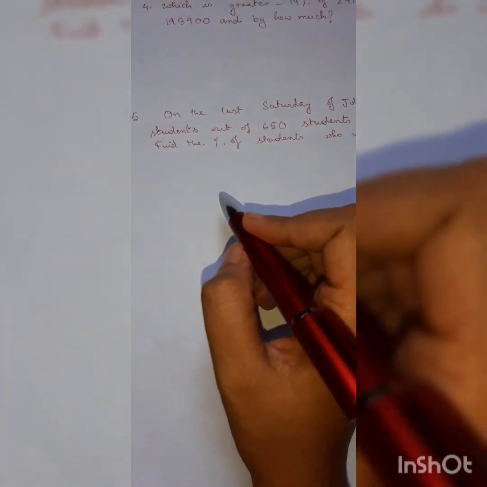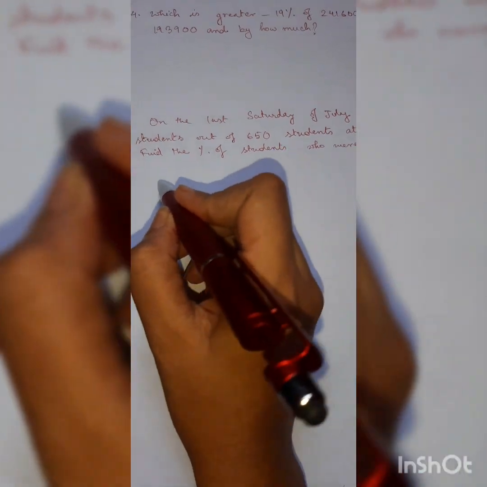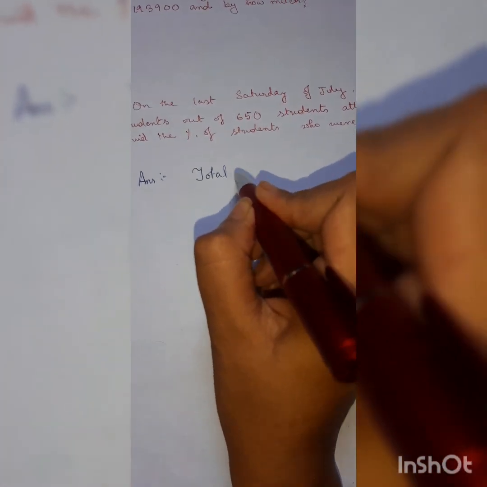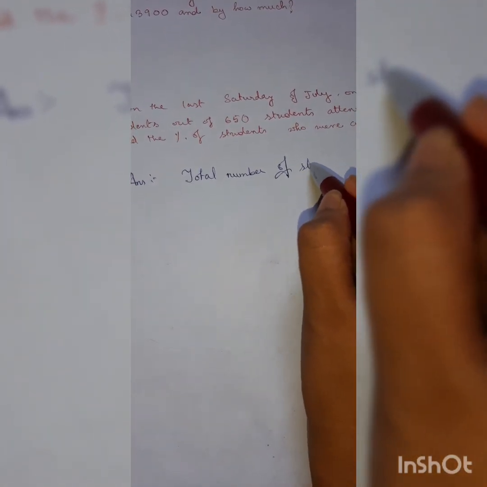On the last Saturday of July, only 598 students out of 650 students attended school. Your question is, find the percentage of students who were absent. Now, we have the total number of students equal to 650.